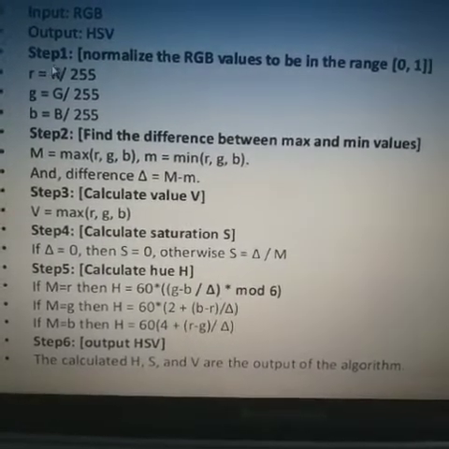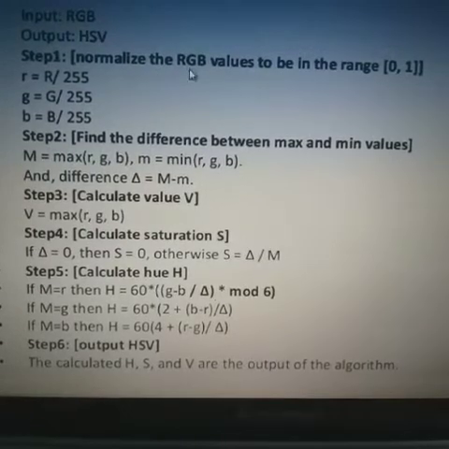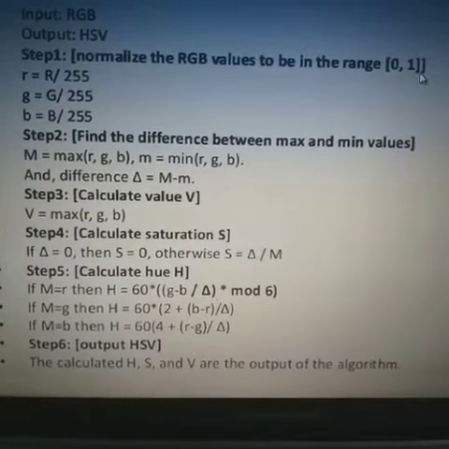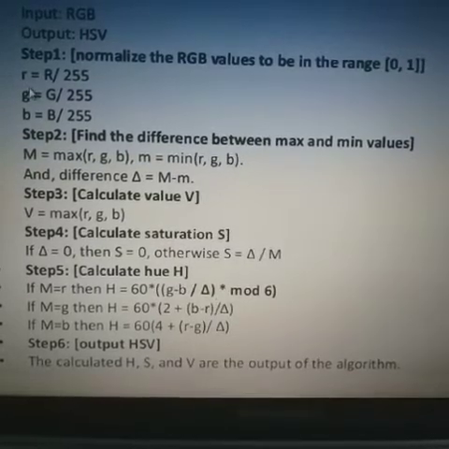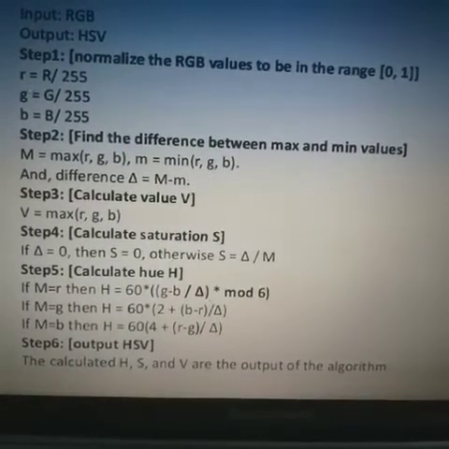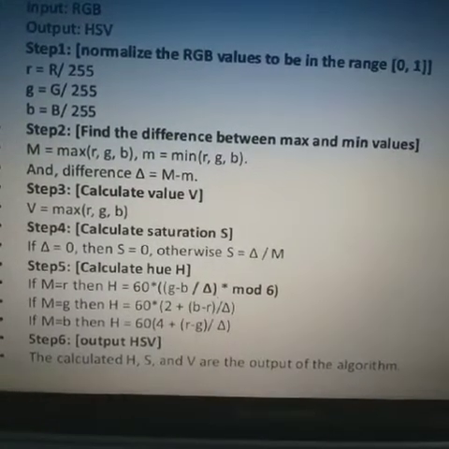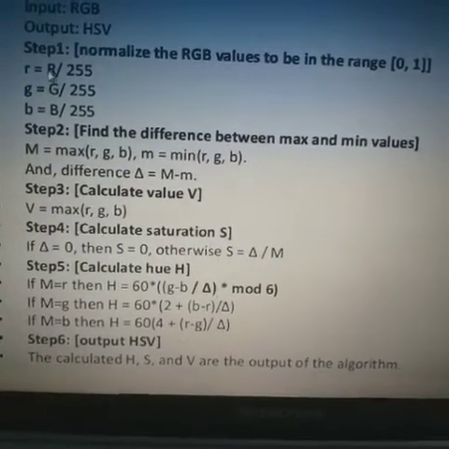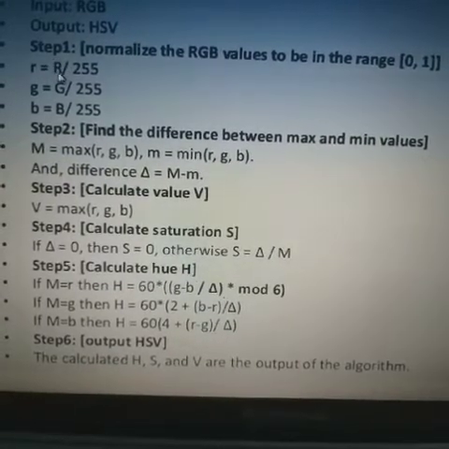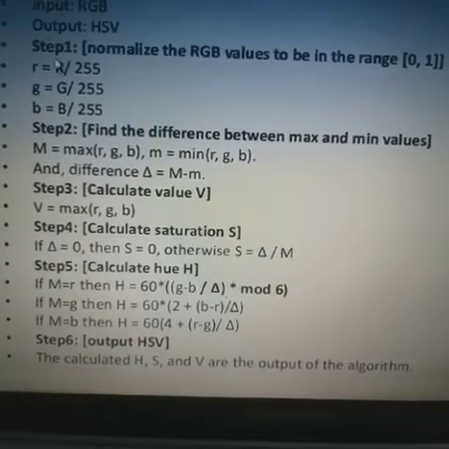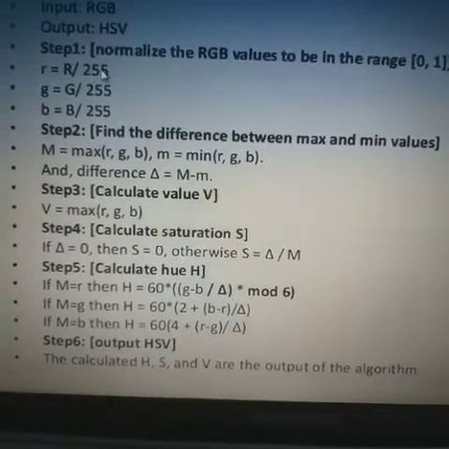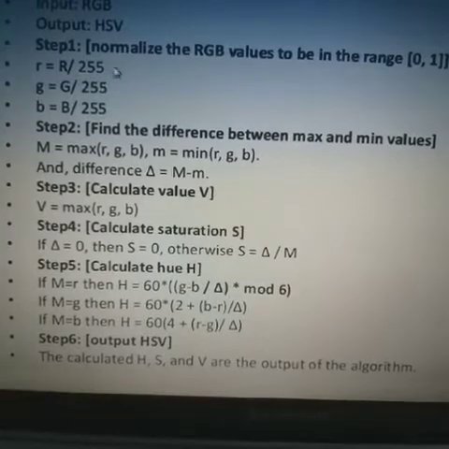So step 1 for the conversion is to normalize the RGB values to the range of 0 to 1. We get these values by small r equals capital R divided by 255. R means whatever value is to be used for R. For example, if the value is 255, then 255 divided by 255 gives R value 1.